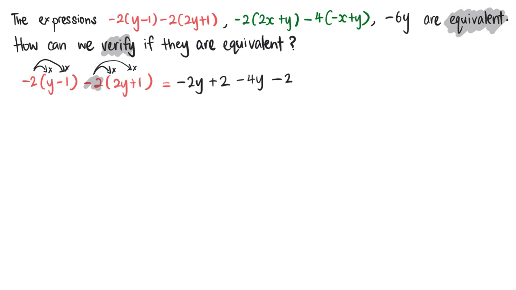And then we are going to simplify the terms, okay? So the like terms will be negative 2y and negative 4y. They will make negative 6y. 2 minus 2 is actually equal to 0. And for 0, we are not required to write the 0 out.